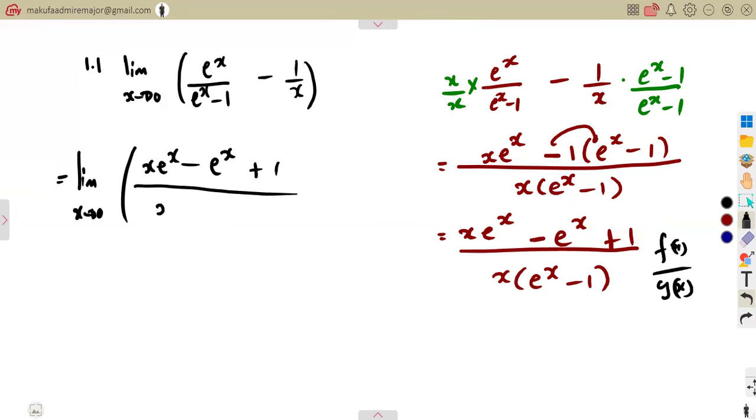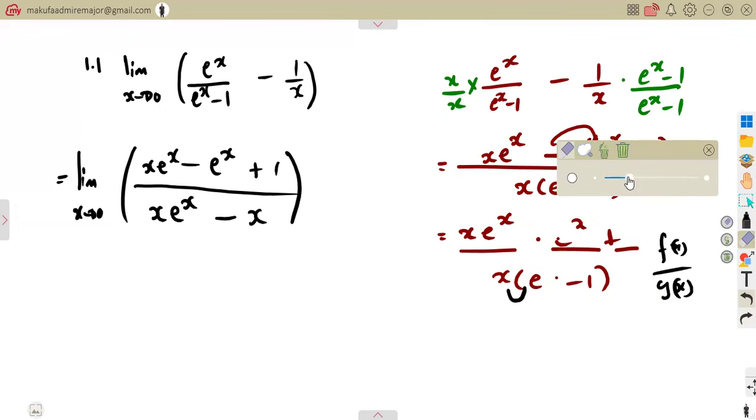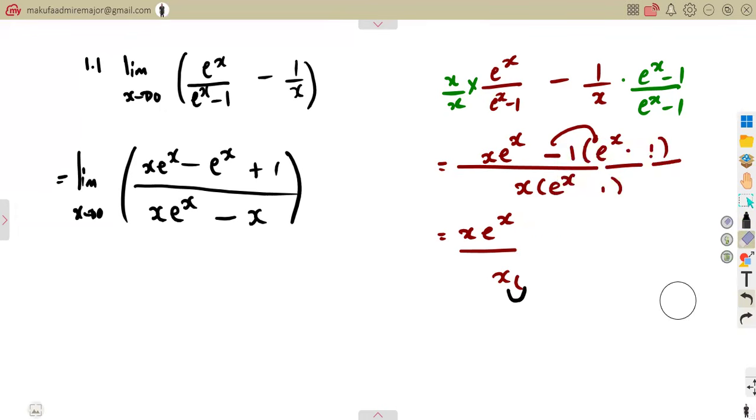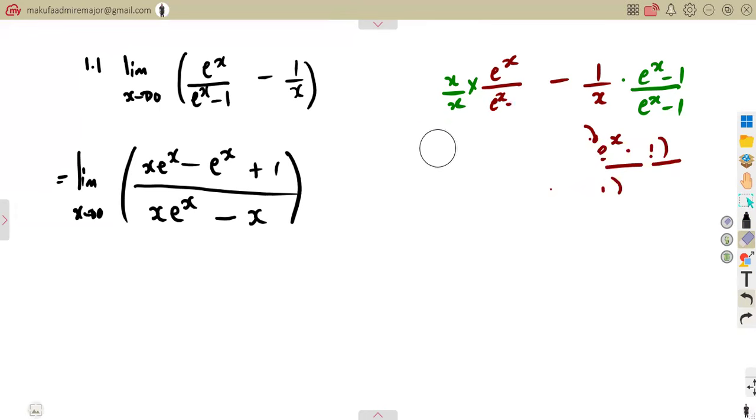You can even expand this bracket; it's the same term as this one, so do not worry. It's going to be x e to the exponent of x, then x times minus 1, that's minus x. You can expand, or even leave it like that. There's no problem. This is now for you to test the limit that you're given.